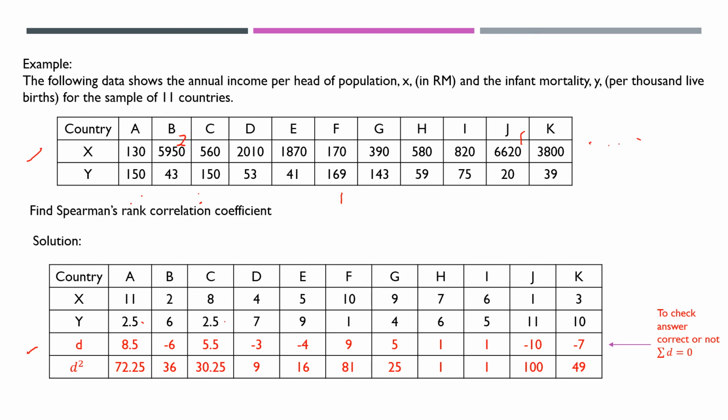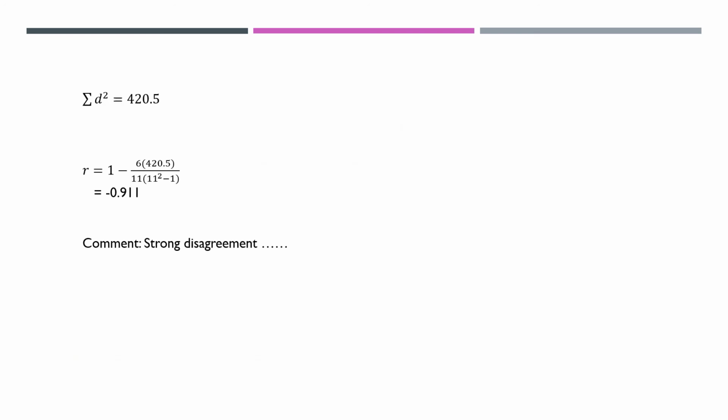If you want to check whether your answer is correct or not, you can check the sum of D. This means you sum up country A to country K. It will equal 0. So this shows that your answer is correct. After that, you have to do D squared. This means you square the D, and then sum up all the D squared.